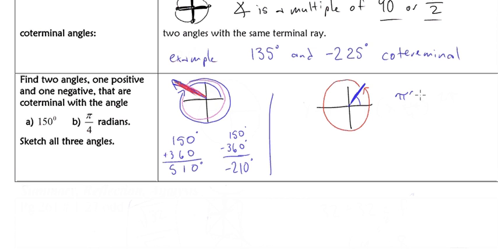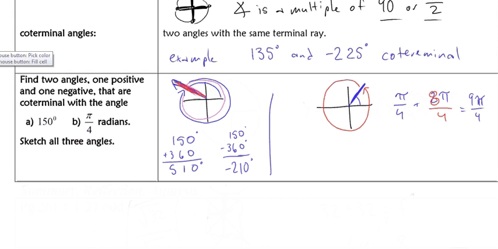Pi over 4 plus 2 pi, and we multiply both the top and the bottom by 4. So we now have 8 pi fourths plus pi fourths, giving us 9 pi over 4. And that's going to be our positive value. That's pi over 4, and then another full 2 pi back all the way to the beginning.